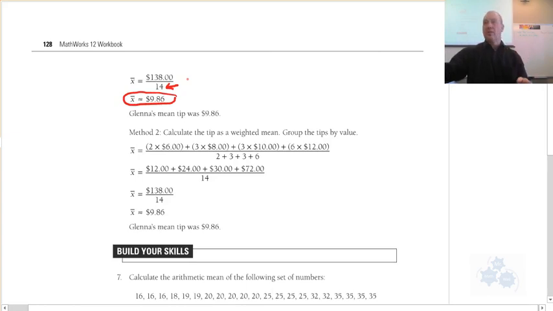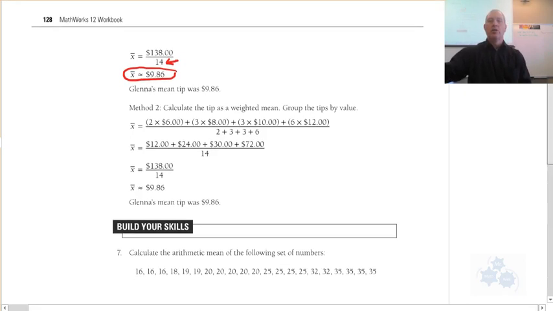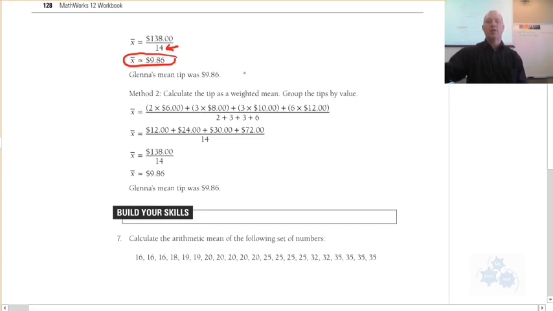Now the second one is very similar, but it just saves you a little bit of time. So let's use this whole weighted mean idea. Method 2 would be calculating the tip using the weighted mean. So watch this. Instead of adding 6 twice and 8 3 times and adding 12 6 times, let's add 2 times 6, make that one big group, and add that with 3 times 8, and add that to 3 times 10, and add that to 6 times 12.